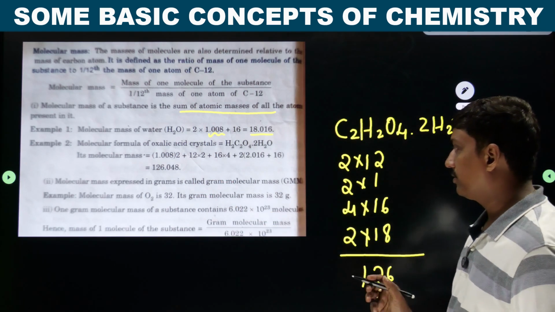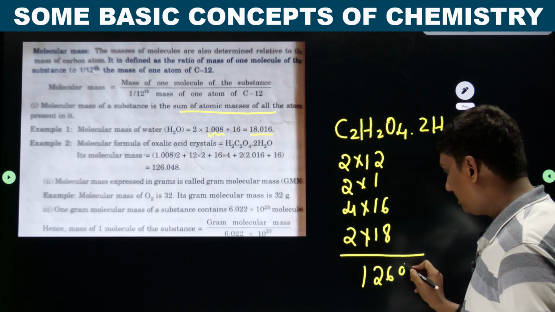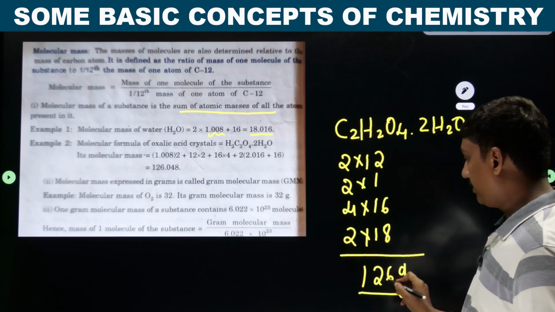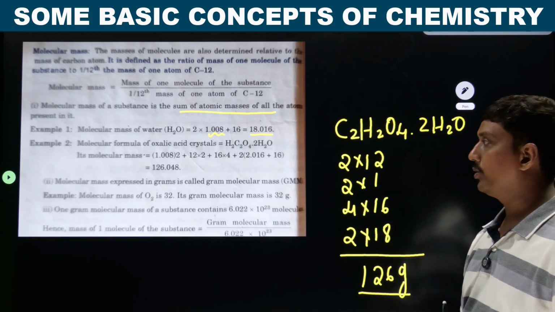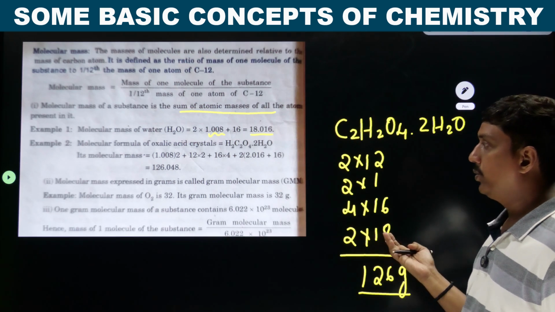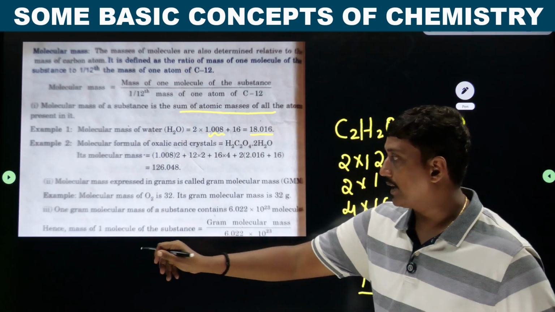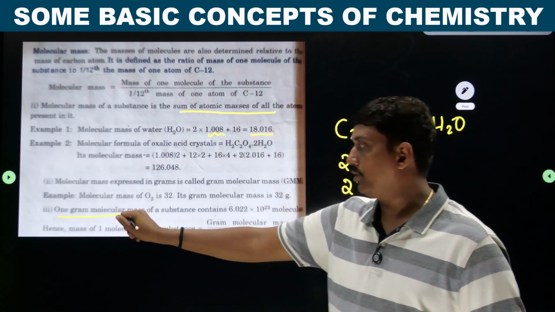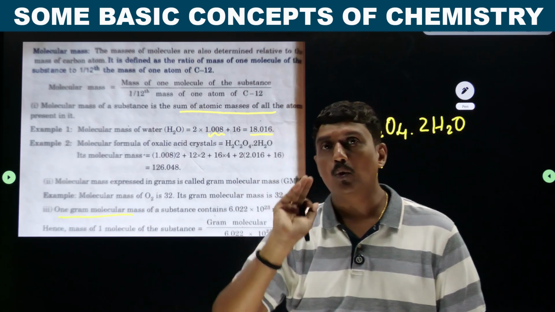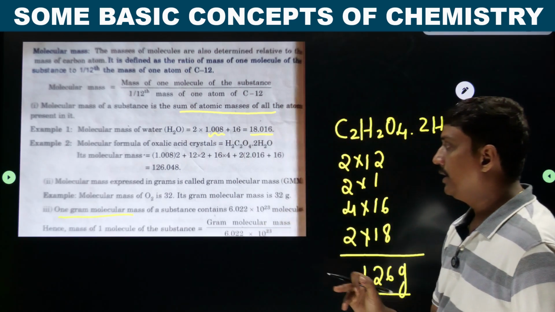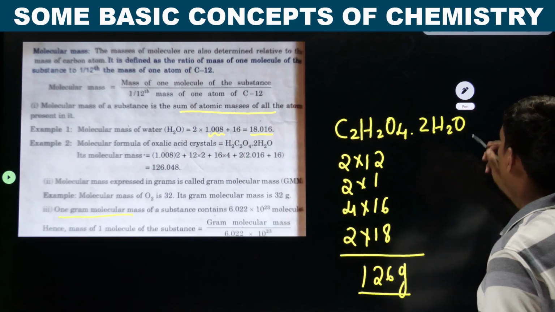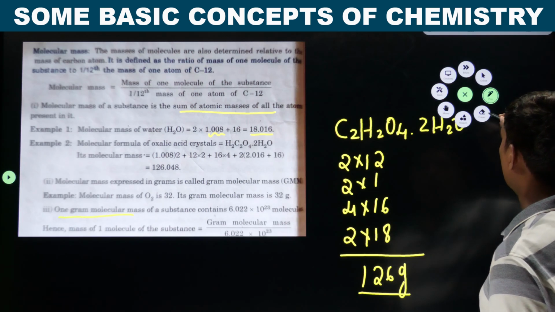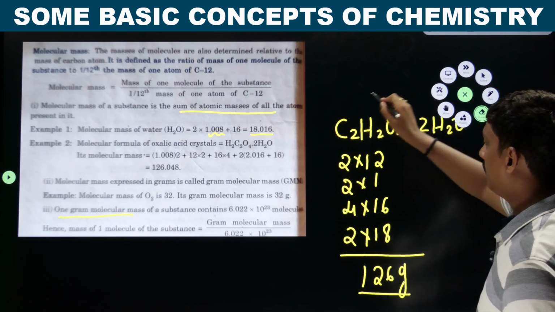Gram molecular mass means you are expressing it in terms of grams. 126 grams is the gram molecular mass. So you take 1 gram molecular mass just like 1 gram atomic mass. Here also, 1 gram molecular mass consists of Avogadro number of molecules.